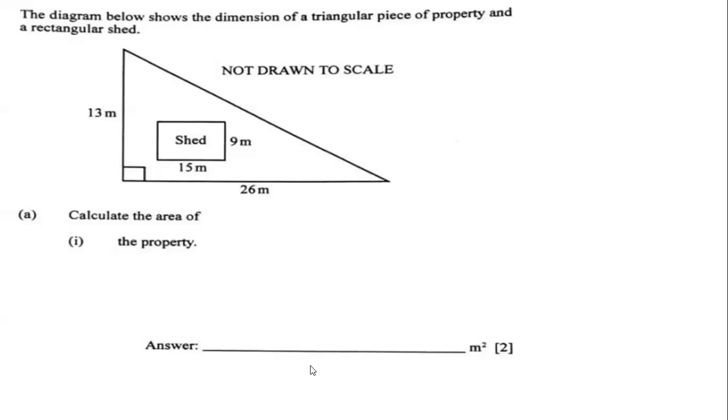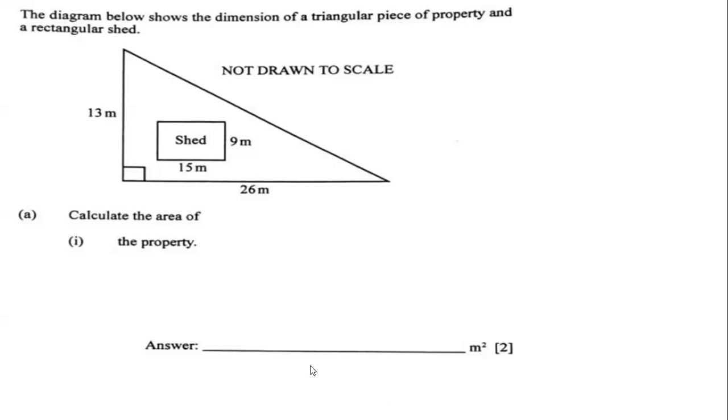The diagram below shows the dimension of a triangular piece of property and a rectangular shed. Calculate the area of the property. Very good. We want to calculate the area of the property.